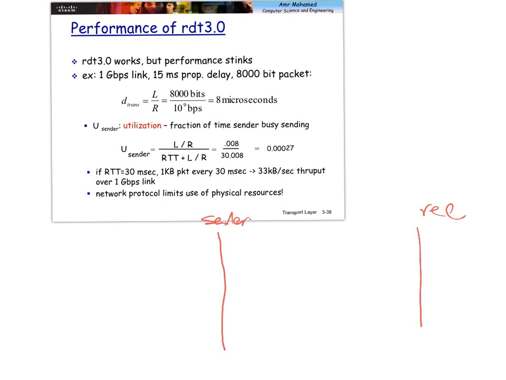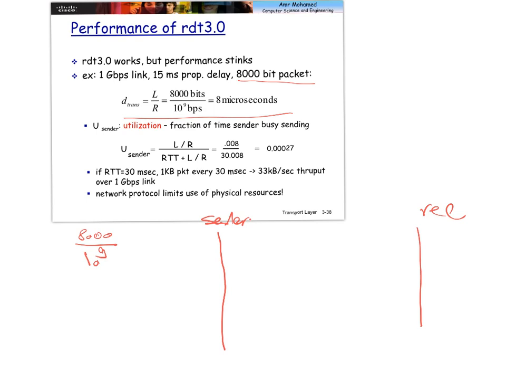Okay? So 1 gigabit per second, this affects what? Affects the transmission delay. So if you have a packet with a length of 8,000 bits, the transmission delay is now 8,000 divided by 10 to the power 9. This is the transmission delay, which is around 8 microseconds.